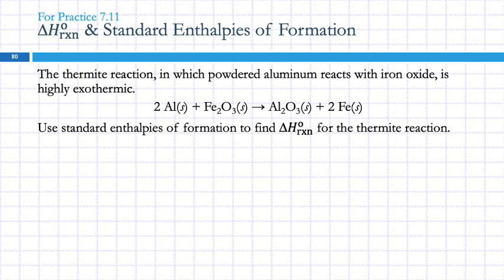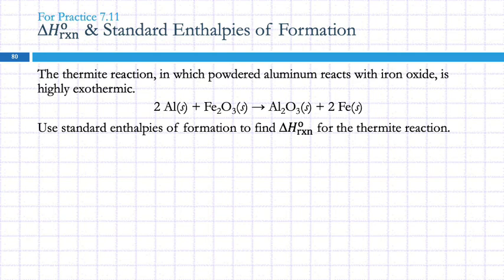Two examples and then we're done. The thermite reaction in which powdered aluminum reacts with iron oxide is highly exothermic. Use standard enthalpies of formation to find the standard heat of reaction for the thermite reaction. So what I need to do is look at all my products and reactants and find their heats of formation.